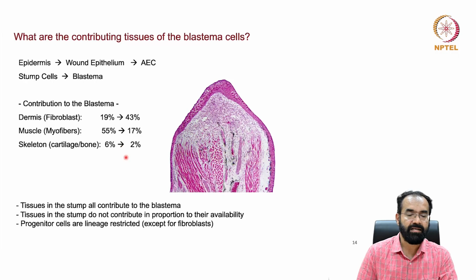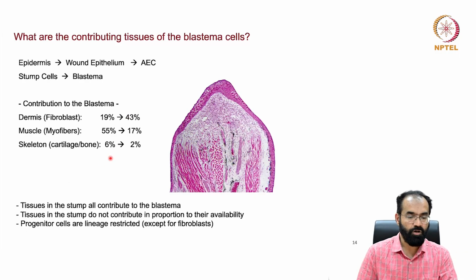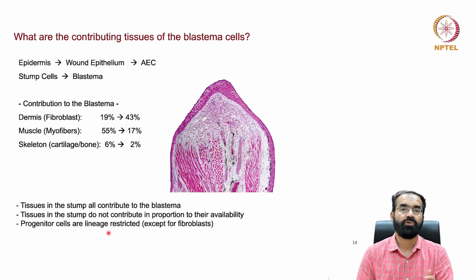So in general, the dermis contributes a large chunk of the fibroblasts. But remember, once they are all reprogrammed, they are all going to become typical normal cells. Tissues in the stump all contribute to the blastema. Tissues in the stump do not contribute in proportion to their availability. Progenitor cells are lineage restricted except for fibroblasts.